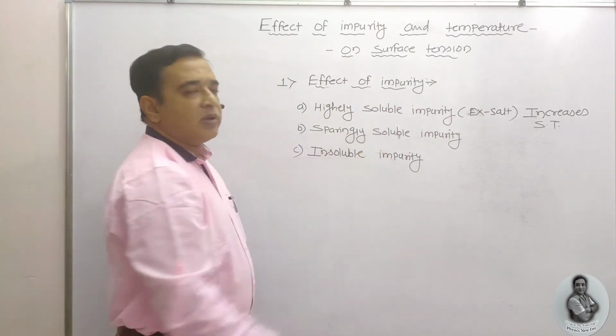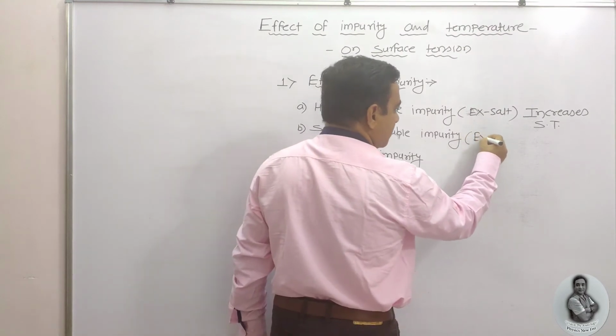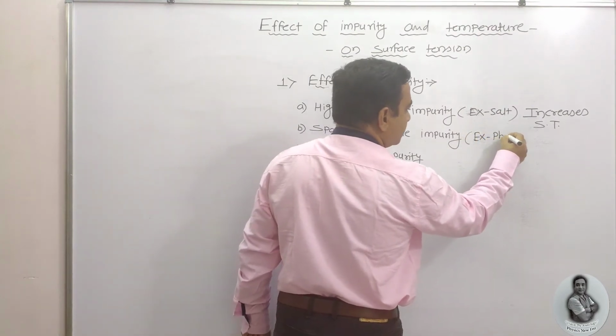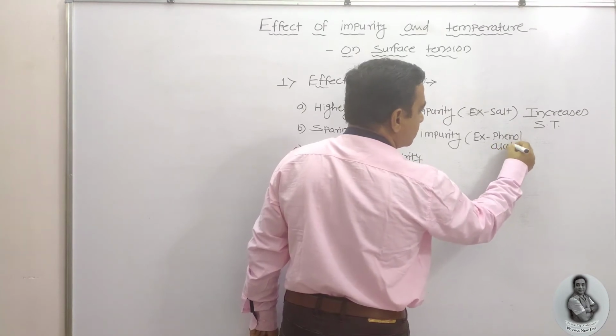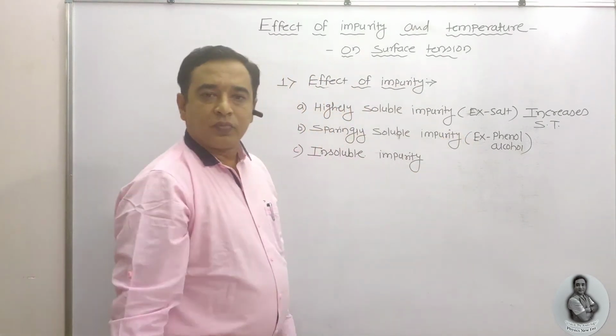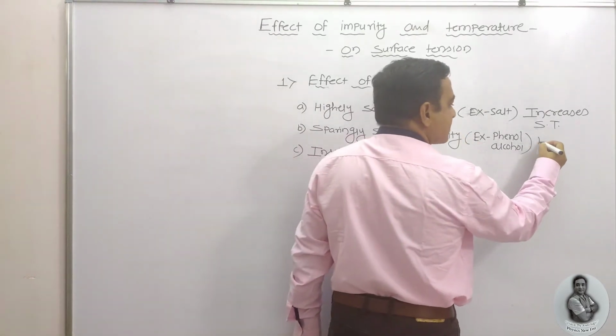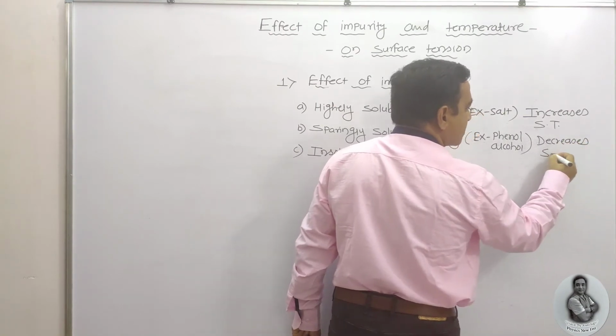Now, sparingly soluble impurity, just like phenol. Example, phenol, alcohol. If such is added in water, this decreases the surface tension.